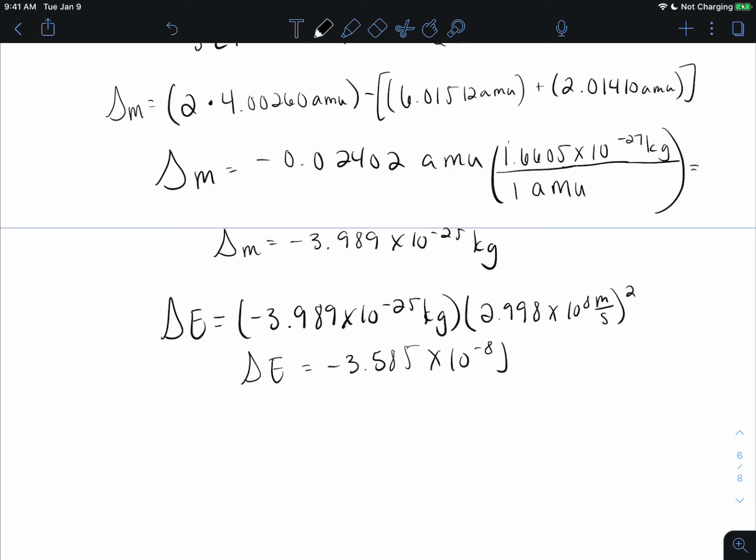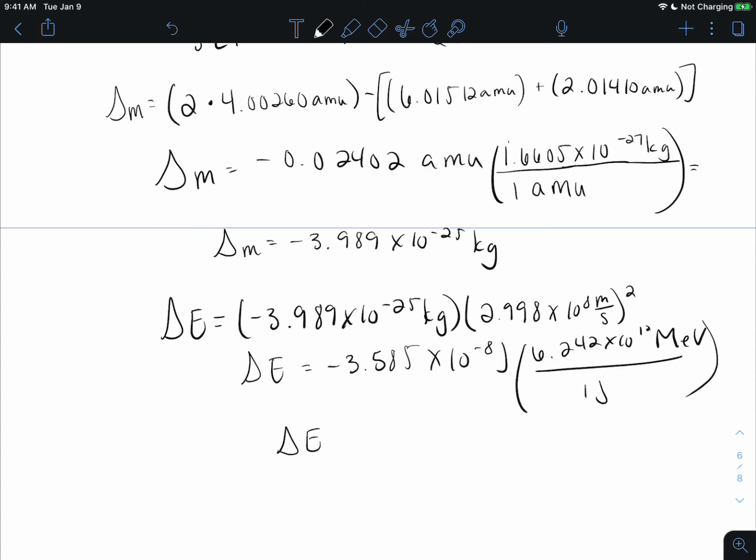Okay, so I'm going to bring that up again in just a minute, but the first thing we want to do is we want to convert this into mega electron volts. So use the conversion we were given earlier, 2.242 times 10 to the 12 MeV per 1 joule.